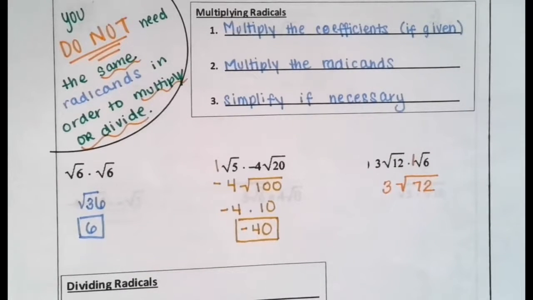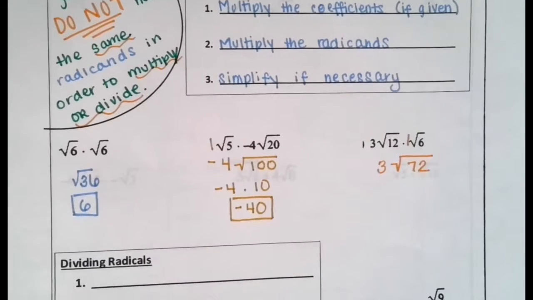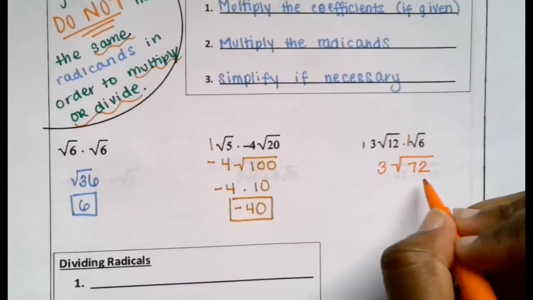At this point, I know that my answer is not in simplest terms because there are perfect squares that evenly divide into root 72. I'm going to choose to break this down into root 9 multiplied by root 8.